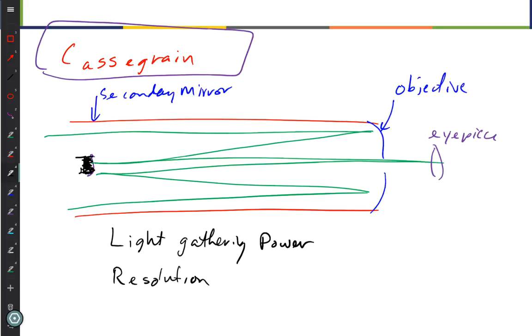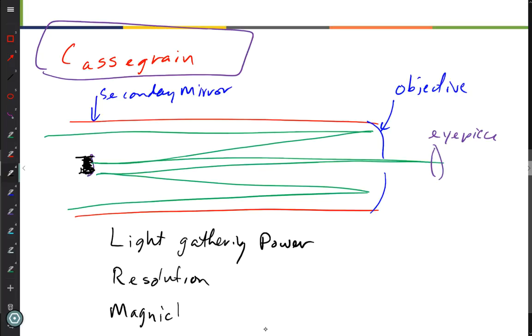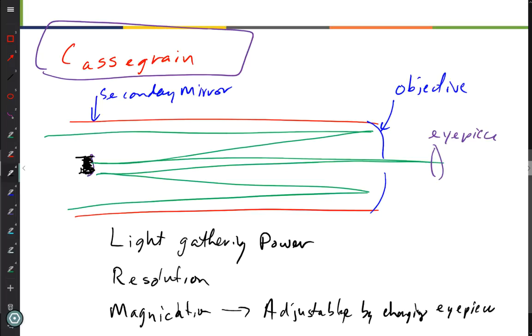What do you usually think about with a telescope? You usually think about the magnification, but I only said two things. The magnification is adjustable by changing the eyepiece. So the magnification is not really a big issue because you can adjust it by changing the eyepiece.